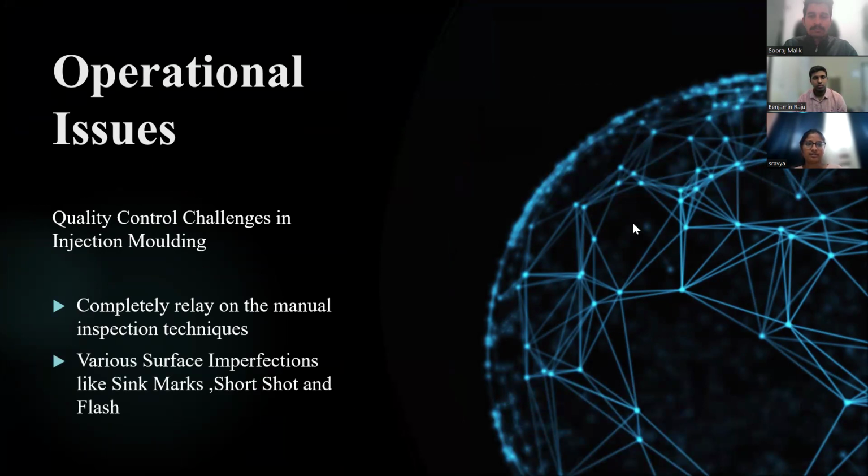The next one is the various surface imperfections, such as sink marks, short shots, and flash. These are the three major imperfections we can see, which we will talk about individually.